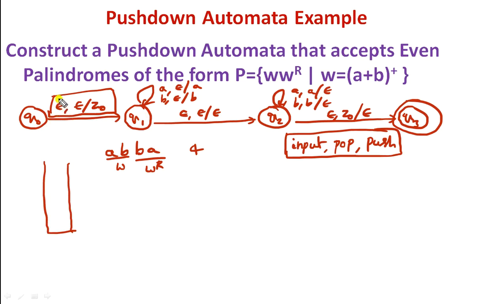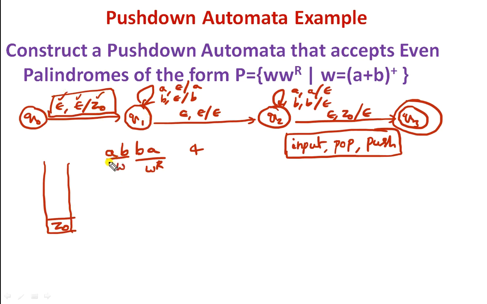The input symbol is epsilon, and pop operation is epsilon. What does it mean? Nothing should be popped. And push operation is Z0, which means push Z0 onto the stack. Okay, so I have pushed Z0 into the stack. Now we came to Q1.